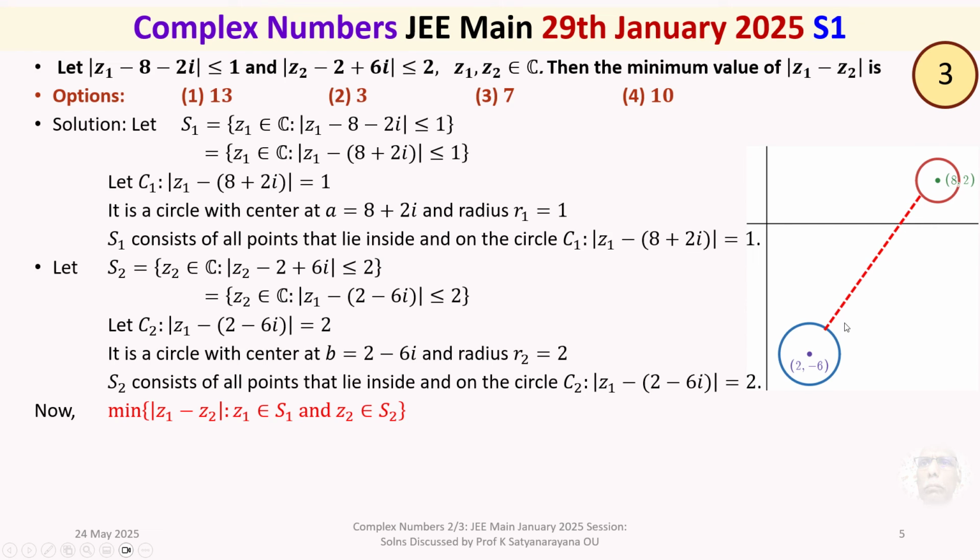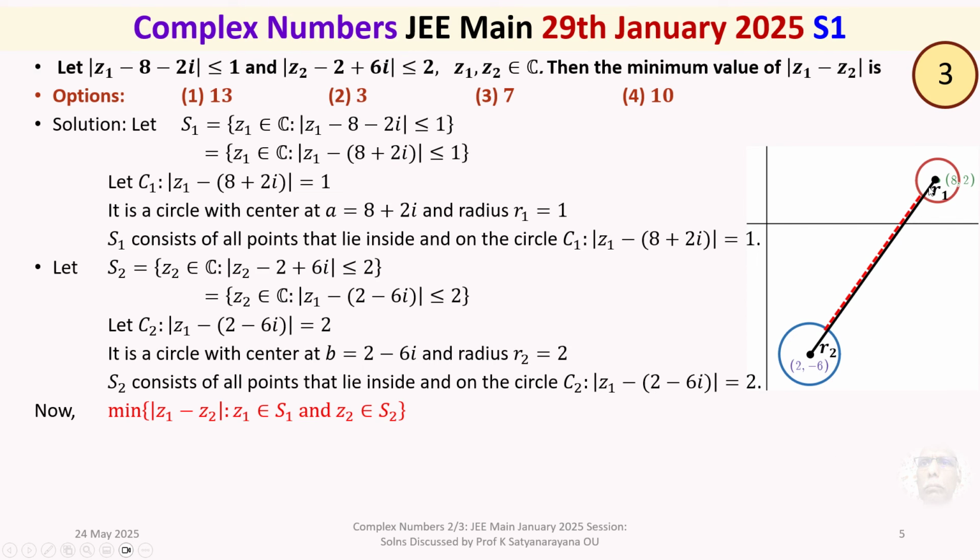What is this distance? The smallest distance is the distance between their centers, minus this radius and this radius, minus R1 and R2.